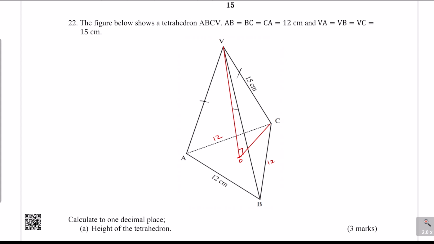CO, if we use the triangle ABC, we can start by extending this line CO until that point there. But now the problem is, I want you to be very keen here.